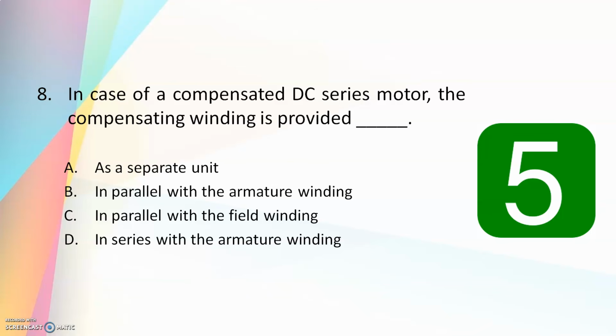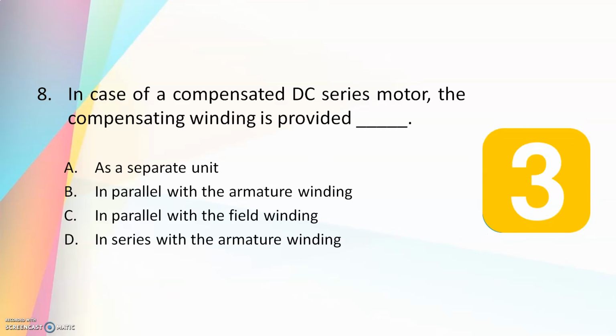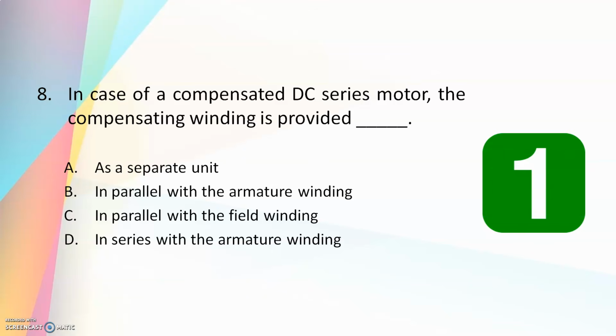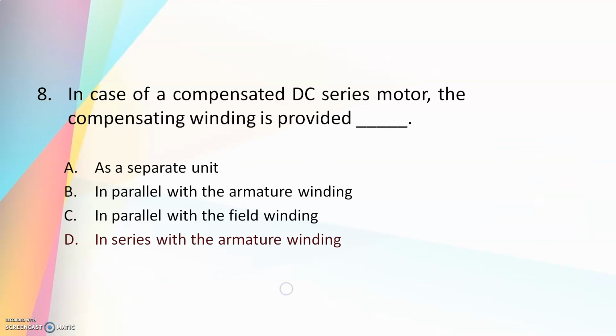Eighth question. In case of a compensated DC series motor, the compensating winding is provided as a separate unit: in parallel with the armature winding, in parallel with the field winding, in series with the armature winding. And the answer is in series with the armature winding.